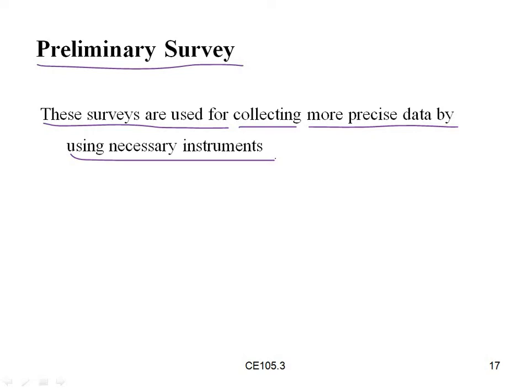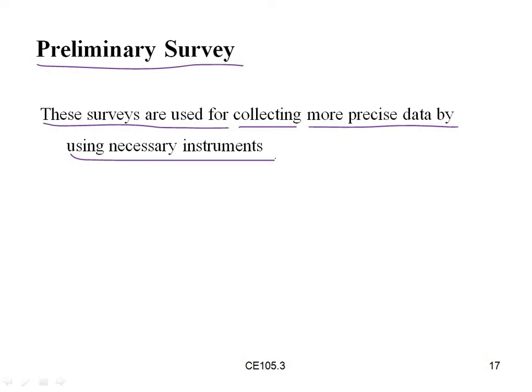In surveying, we have different types of instruments. Based on the surveying, we will use the instrument. So for all surveying, we will not use only one instrument. Depending upon the survey types, we will be using the instruments.